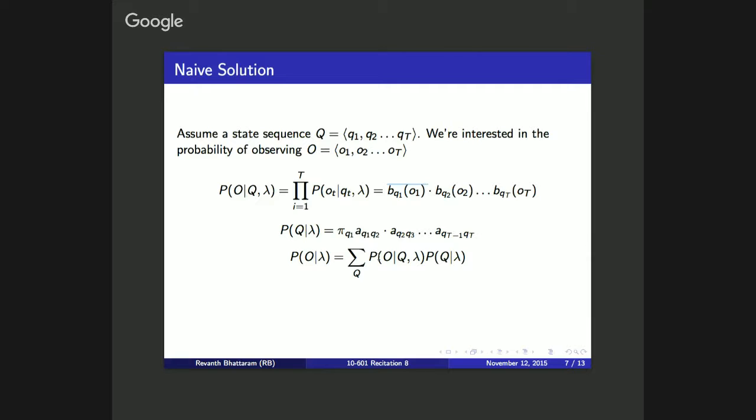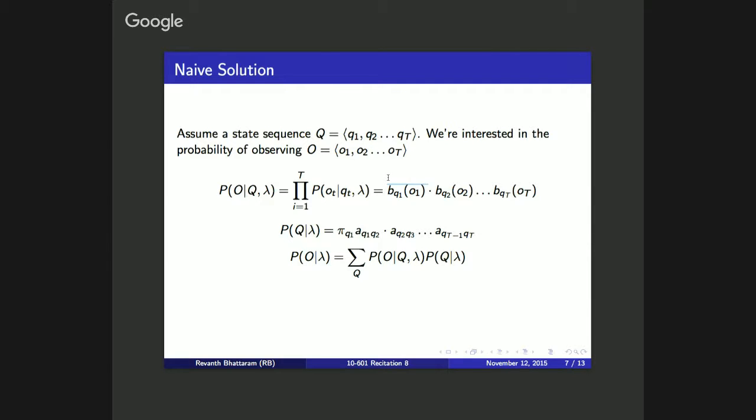That's just the law of total probability. We did that because we have a neat little form for P of O given Q, and so this is one way we can obtain the probability of a given observation sequence. But again, this is a naive solution.